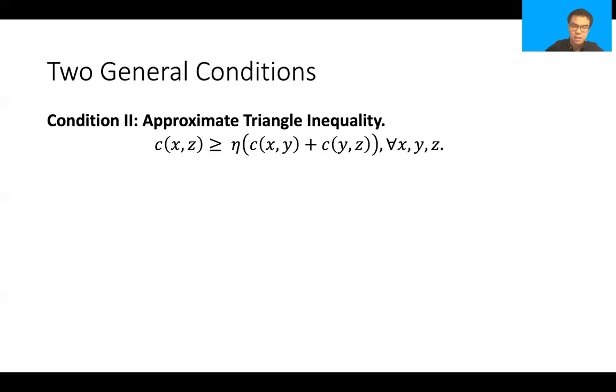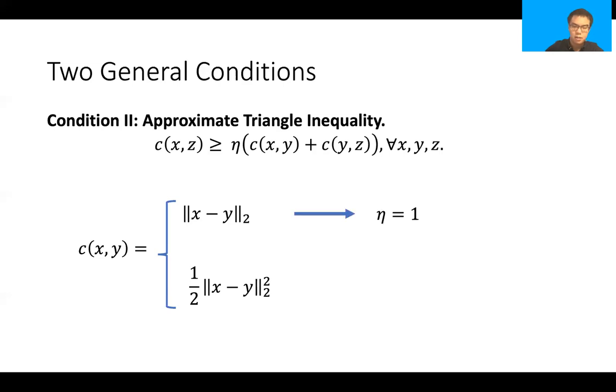The second condition is approximate triangle inequality, which is a weak form of the triangle inequality. For example, when the movement cost is given by L2 norm, we can set eta equals 1, which is the triangle inequality.